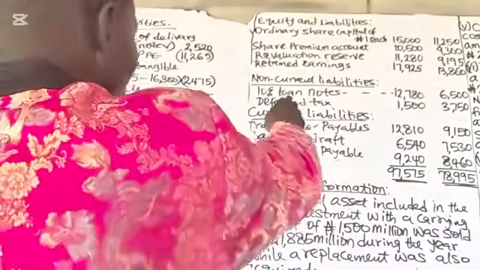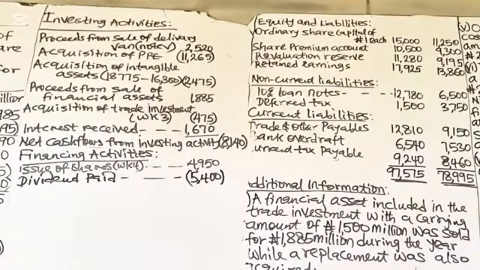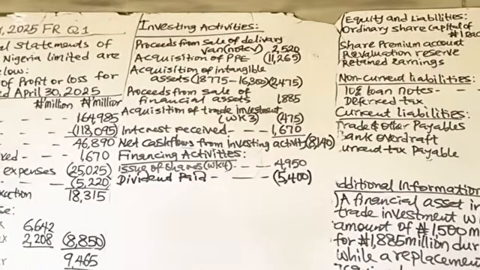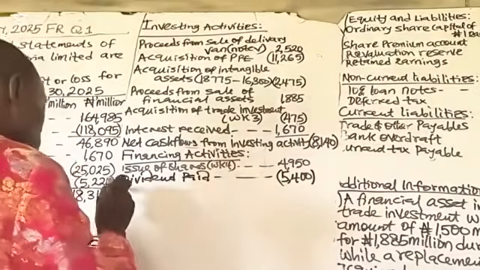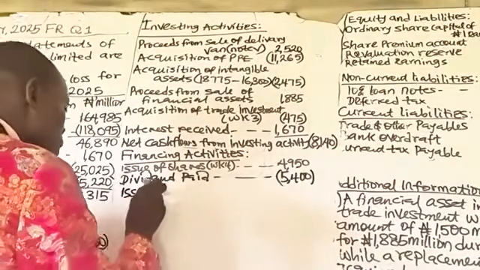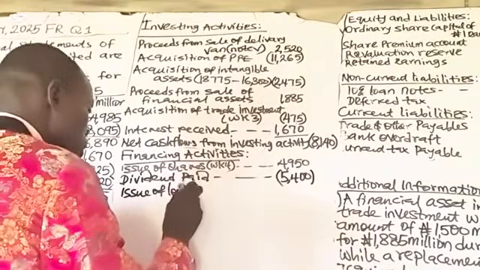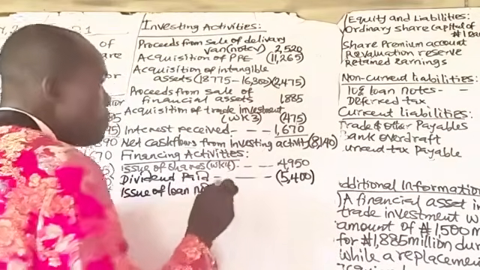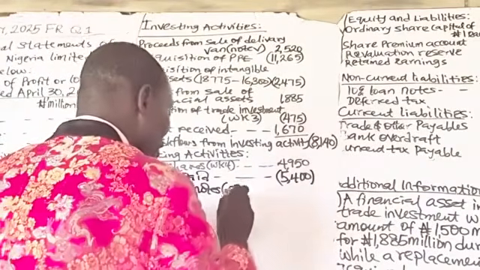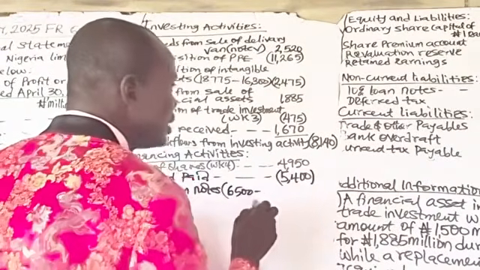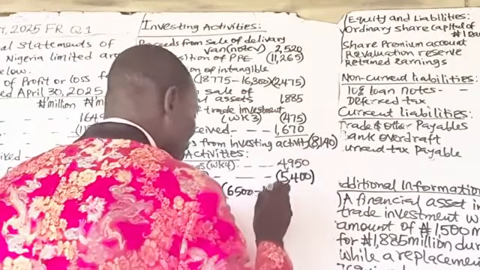Deferred tax has been used in the tax computation. So how much now is your issue of loan notes? Let me have issue of loan notes. The opening balance under the non-current liability we have 6.5 and the closing balance is 12,780.